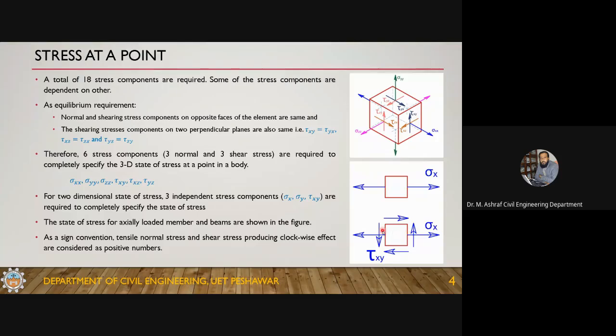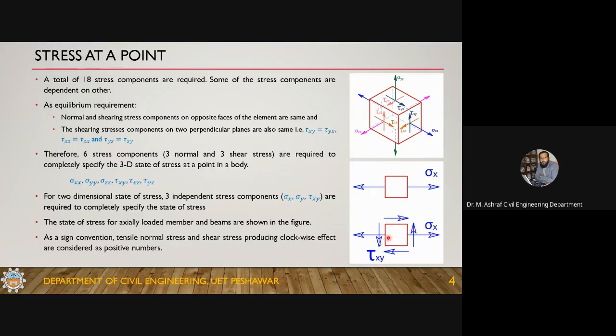The direction of the shear is taken from its effect. This one is producing a counterclockwise couple, and these two are producing a clockwise couple.